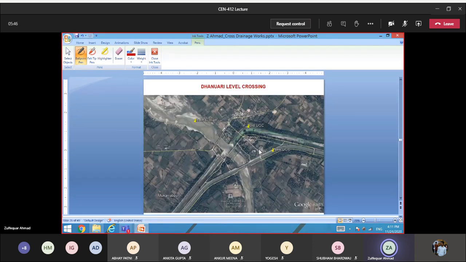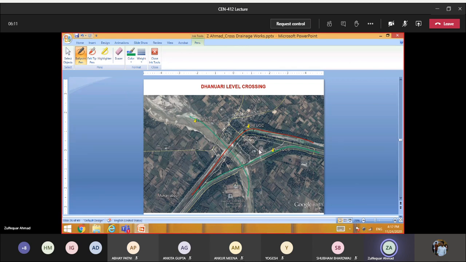So now this one is the Dhanauri level crossing. That one I have just shared with you. Now, if you see the alignment of the old Upper Ganga Canal, right? So the old Upper Ganga Canal has this alignment, and the new canal has this alignment. And this one is the Ratmau river which is flowing.